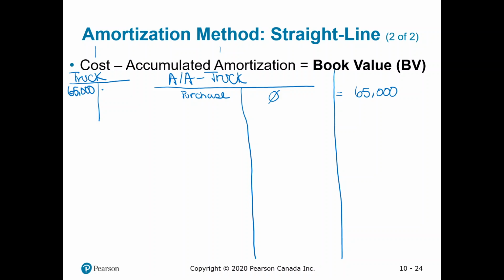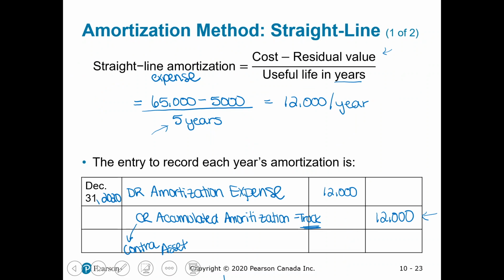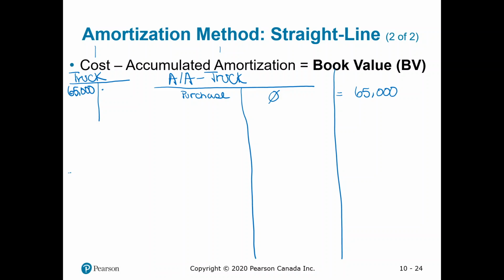Now we can go through and see what it would look like every year when we book the amortization expense. So we saw here on December 31st, 2020, we would debit amortization expense, credit the accumulated amortization. So a T account for the expense, I'm not going to do it, but remember that that would get reset every year. It would get closed into retained earnings. So each year, at the end of the year, it would be $12,000 and then it would get closed.